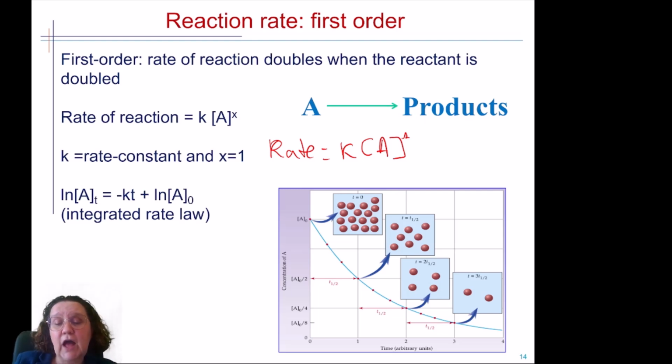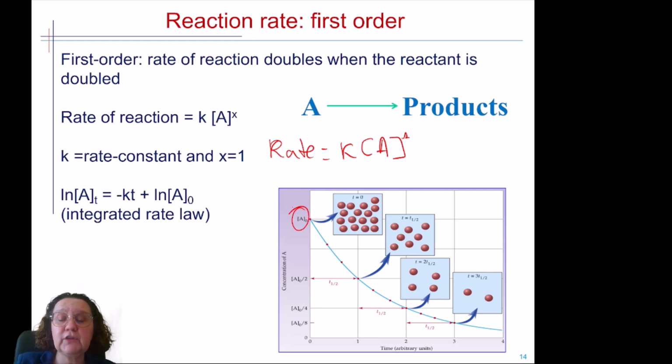This is a curve of what a reaction that follows first order, where the rate is directly proportional to the concentration of the reagent, looks like. And have a look at what happens with the t half, the time it takes for the concentration to halve.